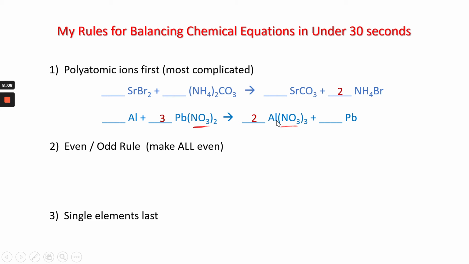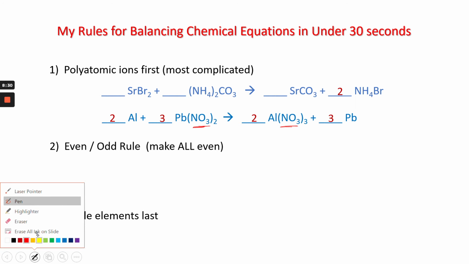You have 2 aluminums on the product side, so we can go ahead and put a coefficient 2 in front of the aluminum. And of course, we have 3 leads on the reactant side, so we'll put a 3 in front of the lead. Then you want to look at it, can that be reduced? Well, the numbers 2, 3, 2, 3 cannot be reduced. So that one, we are done balancing as well.